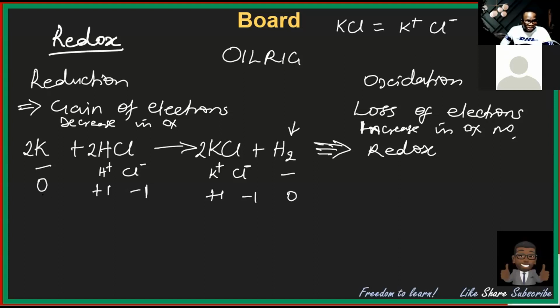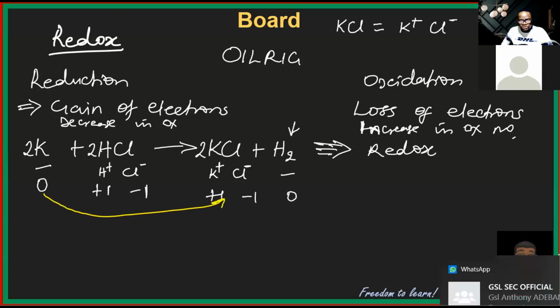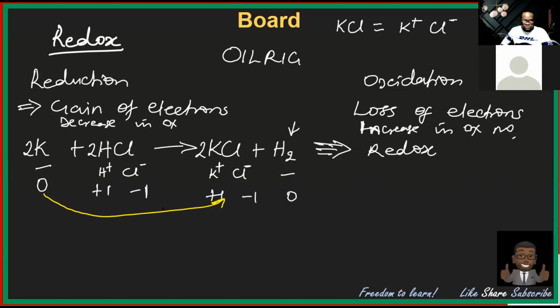So let's see this. Potassium moved from 0 to +1. Is that an increase or a decrease? It's an increase. So an increase in oxidation number is oxidation. That means potassium has lost electrons, because oxidation is the loss of electrons.